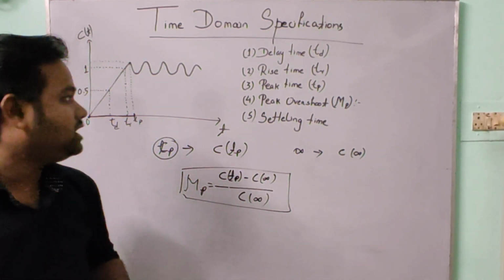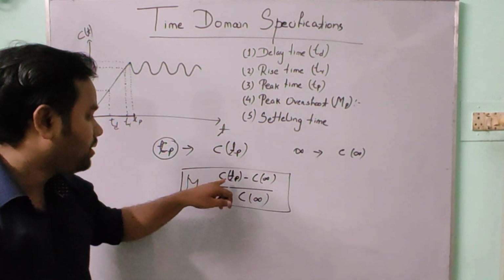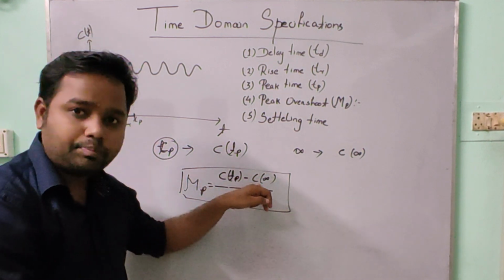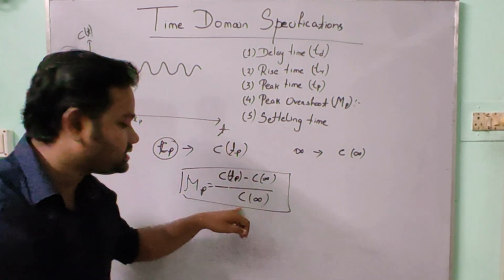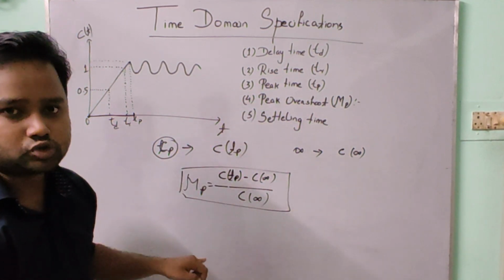That means peak overshoot is defined as the ratio of the output at maximum value minus the output at final value, with respect to the final value. This is the peak overshoot.